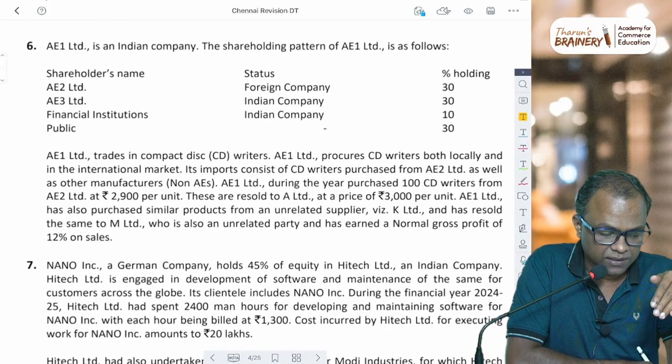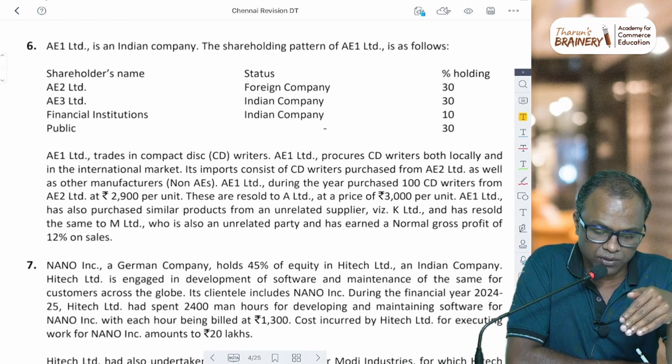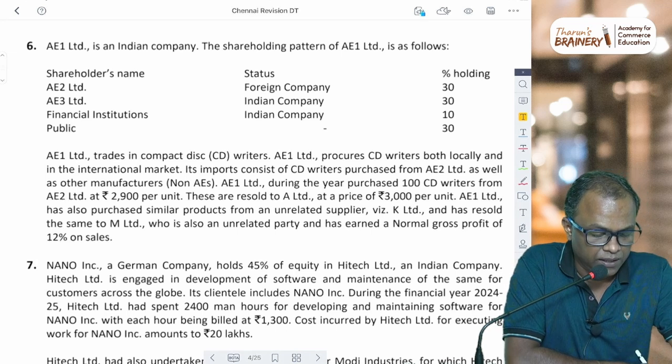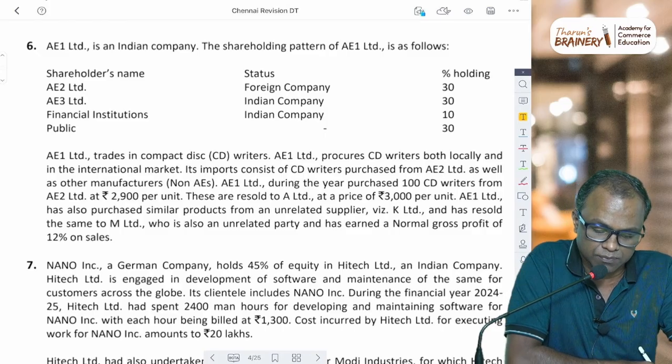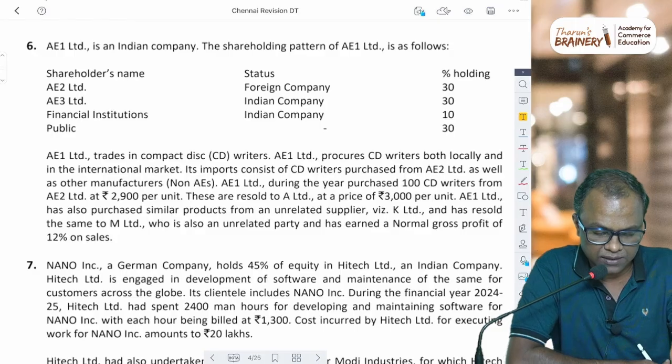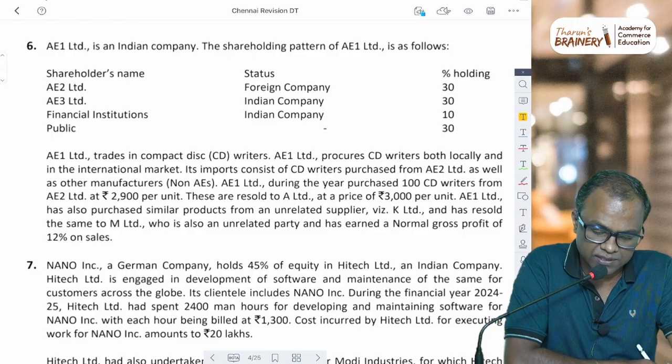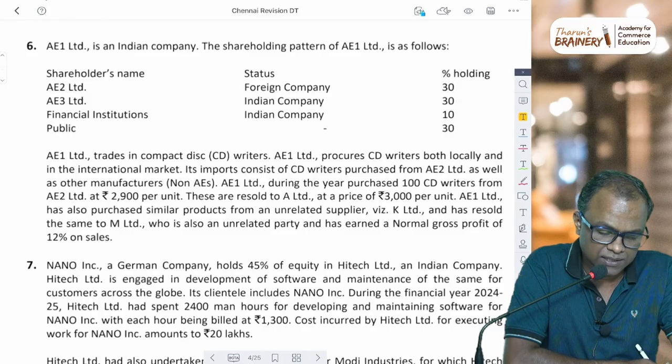So it's very clear here. The related party is AE2 Limited, a foreign company in which AE1 Limited is holding 30% shares. That is an AE. AE1 Limited trades in compact disc writers. AE1 procured CD writers both locally and in the international market. Its imports consist of CD writers purchased from AE2 as well as another manufacturer.